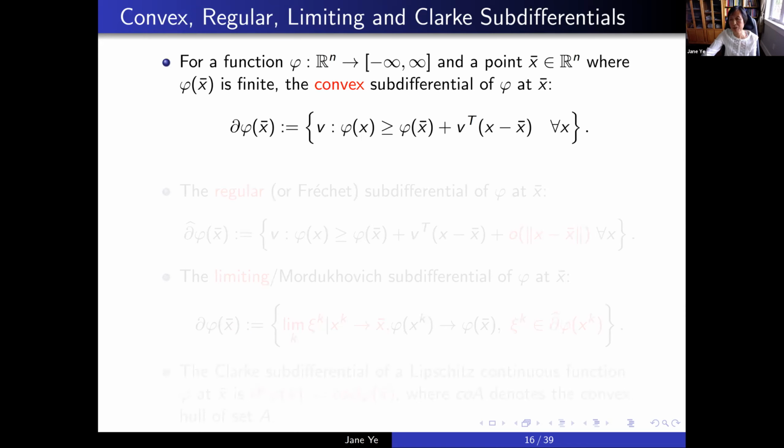We know that at the origin the function is not differentiable. But at the origin, you can always support it by any hyperplane with slope from -1 to 1. So that's v, the slope of the hyperplane supporting the function at the point x bar.